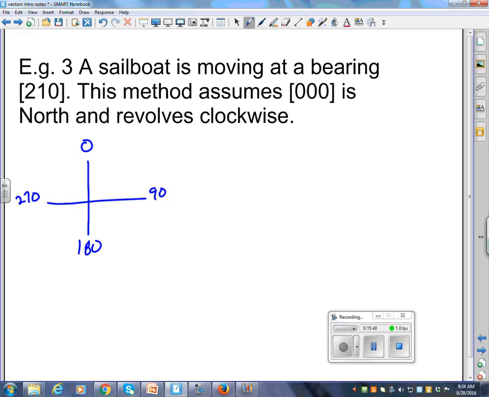Interesting little tidbit here. When you're landing on a runway, the runways are numbered in this same manner, except runways are every 10 degrees. So if you have a runway that's labeled runway 14, then it points in the direction of 140 degrees, which would be where?